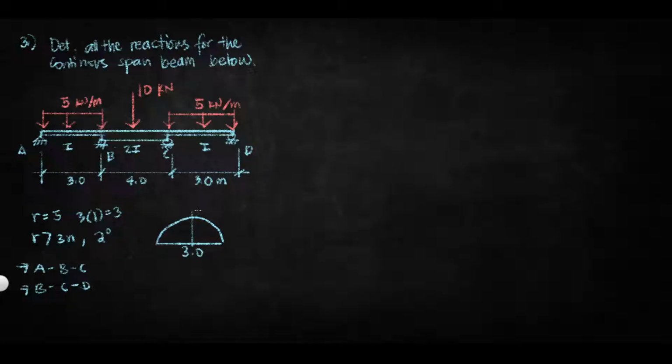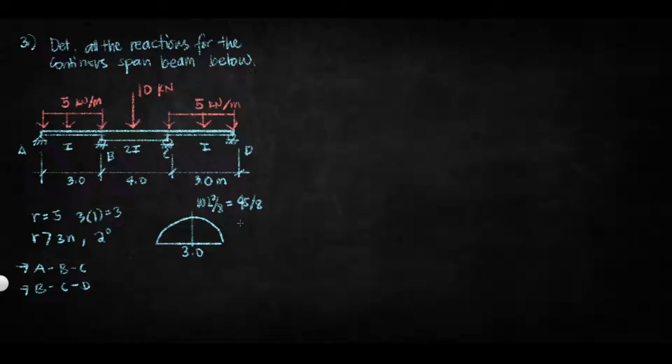So what is the maximum moment value? So that is W L squared all over 8. Okay. So ang W natin is 5 times L is 3 squared divided by 8.